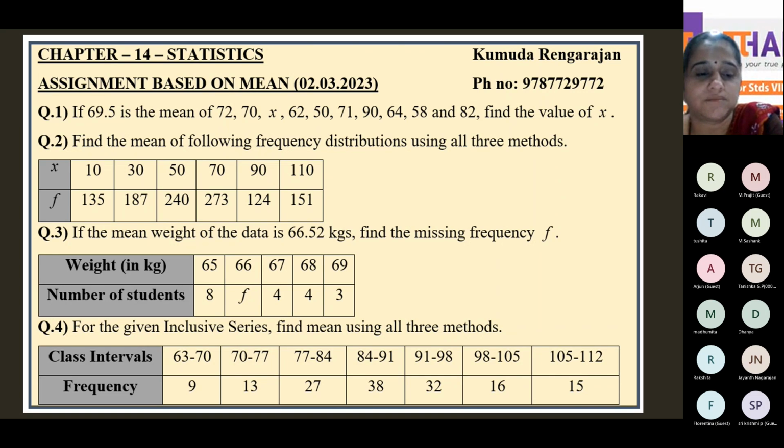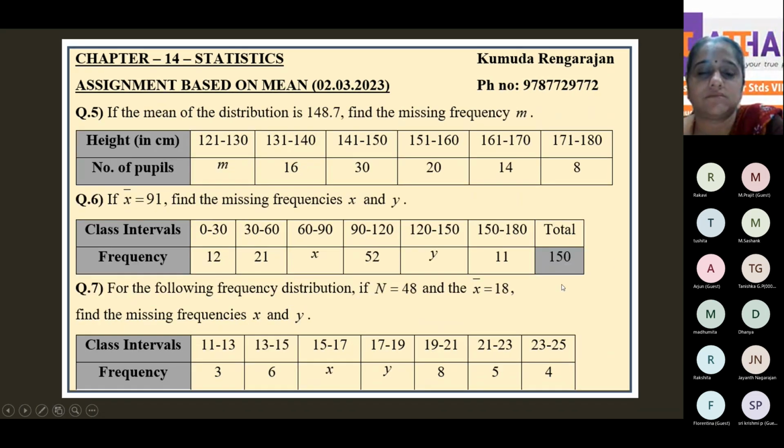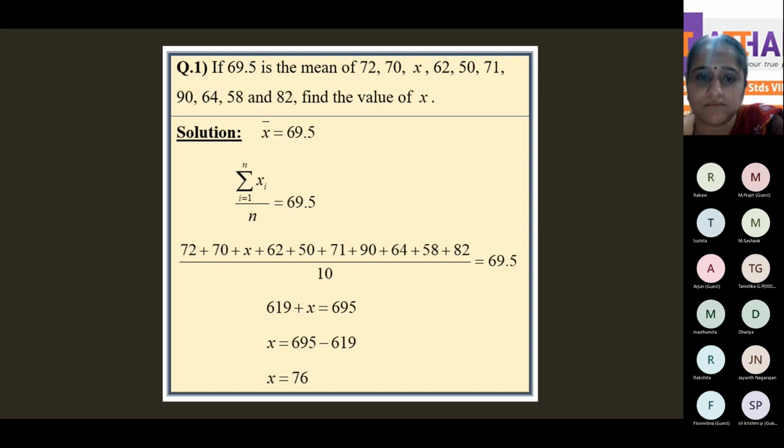These are the questions. This is the answer for the first one.